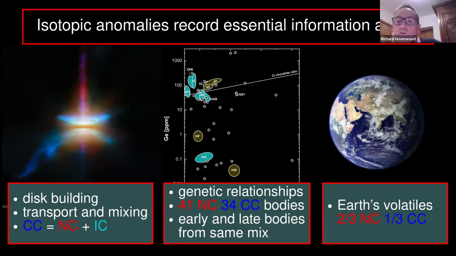Alan Rubin has asked, an interesting consequence is that both differentiated and undifferentiated bodies accreted in the inner and outer solar system. One would have thought the accretion rates would have been different. If you've got a comment on that from Alan. Yeah, I mean, it could be that the accretion rates are different, right?